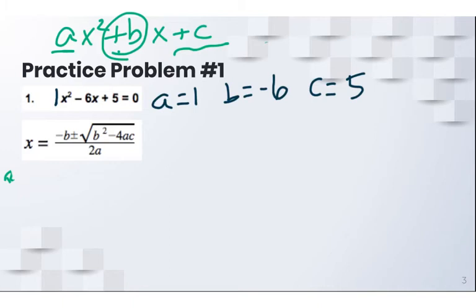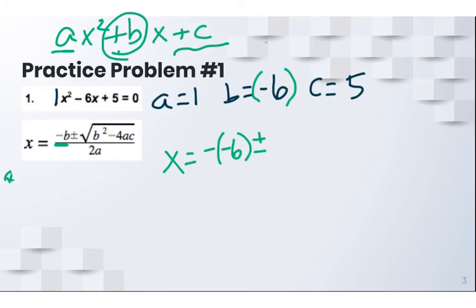So I go to my quadratic formula and I say x equals, and instead of -b, I'm going to put negative, and I'm going to replace the b value with -6. Now plus or minus, you guys should know what that means. It means I'm going to do -6 plus whatever comes after it, and the same thing minus whatever comes after it.